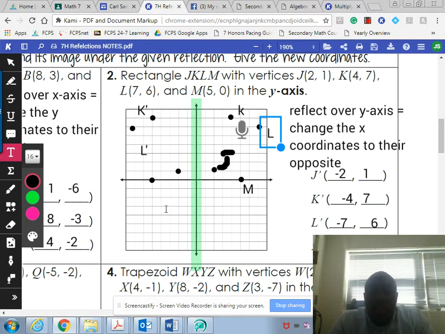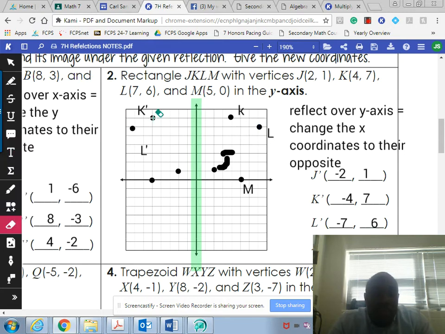So now we need to plot this point. You look at K, it is 1, 2, 3, 4 spaces from the y-axis. So we have to do the same thing over here for K prime. 1, 2, 3, 4. And as you can see, Mr. Samuels made a mistake, so I'm going to fix this really quickly. 1, 2, 3, 4.